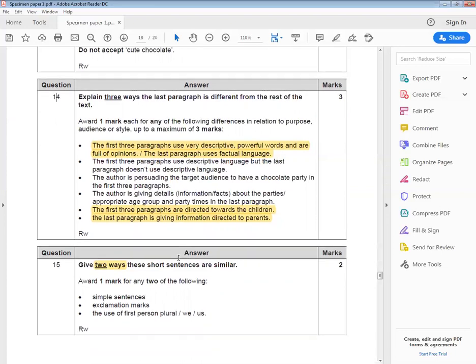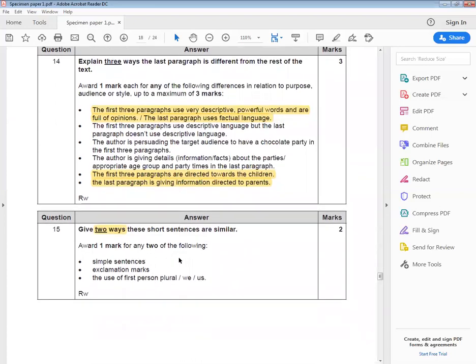Moving on to question 15. Give 2 ways these short sentences are similar. Again, you have seen this question before. He gives you 2 sentences and he asks you how these 2 sentences are similar or different. Remember, this is mainly a grammatical question, so try to look at it from a grammatical point of view.